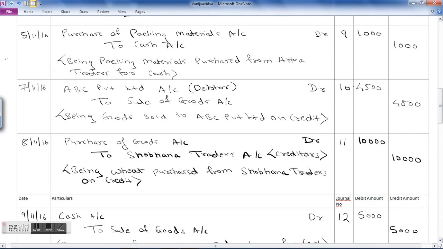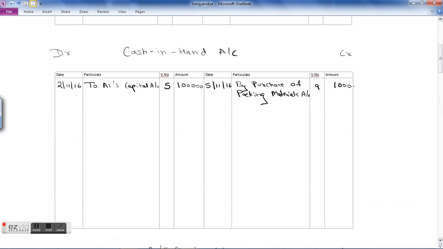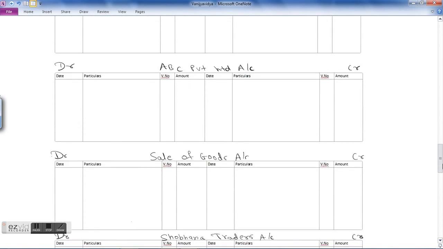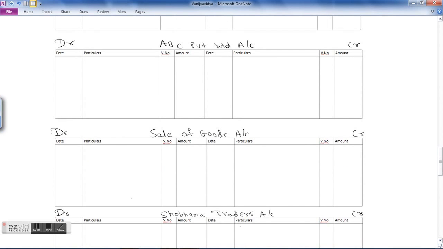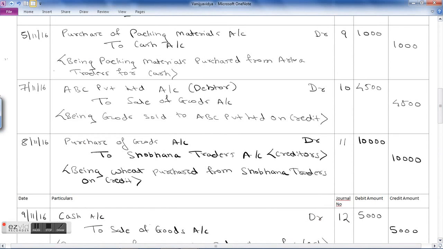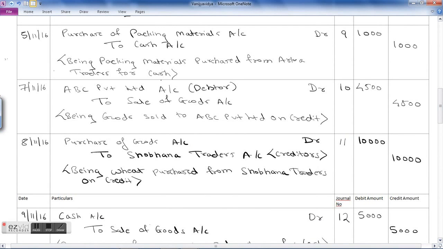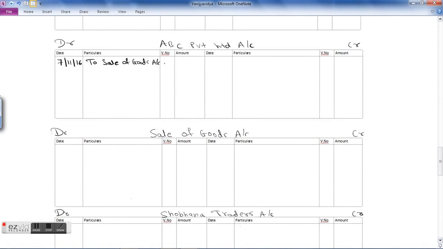ABC Private Limited account debit to sale of goods account, amount is 4,500. So we'll go to ABC Private Limited account. Okay, ABC Private Limited account is debited, so you put it as 7/11/2016 is the date of transaction, 7/11/2016 to sale of goods account, and the amount is 4,500.